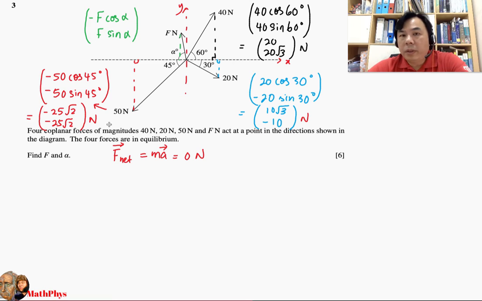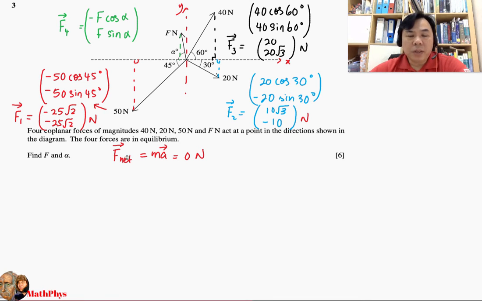All right, now we are ready. Once we have obtained all these forces in vector form, we are going to apply the Newton's second law concept that we have laid out here. Before that, I'll just label this as F1, and this one as F2, and the next one as F3, and lastly this as F4.